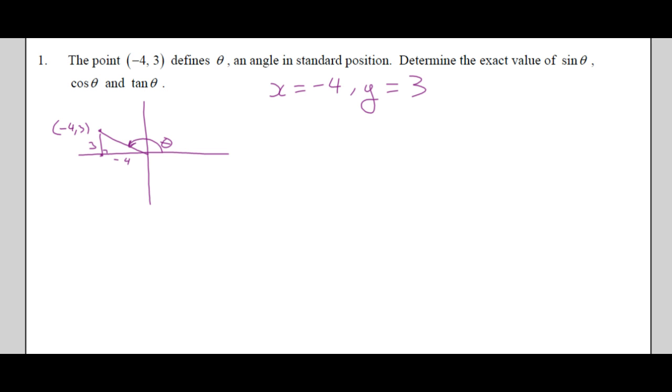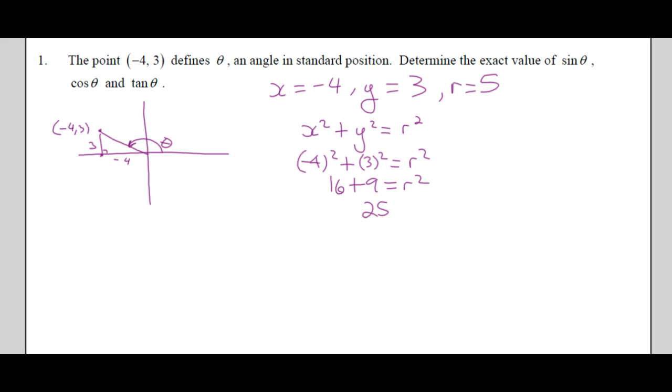So what's r? r is 5. How do you get 5? So x squared plus y squared is r squared. So let's do it. x squared plus y squared is equal to r squared. -4 quantity squared plus 3 squared is r squared. 16 plus 9 is r squared. 25 is r squared. r is what? 5.